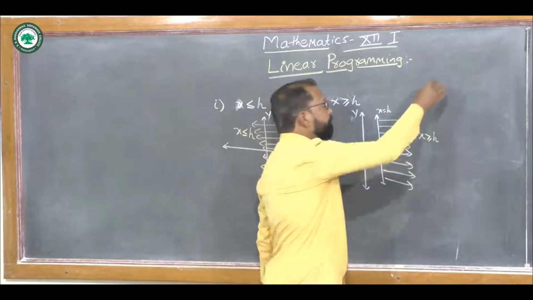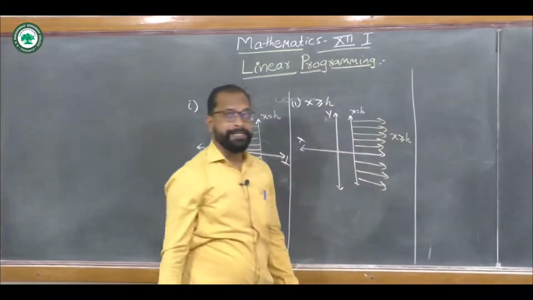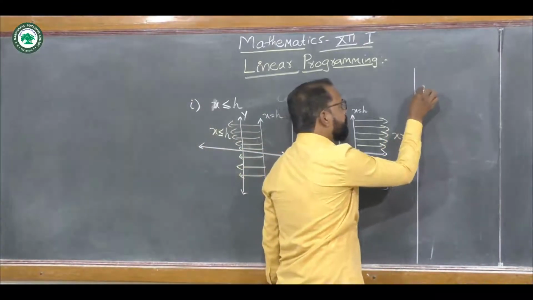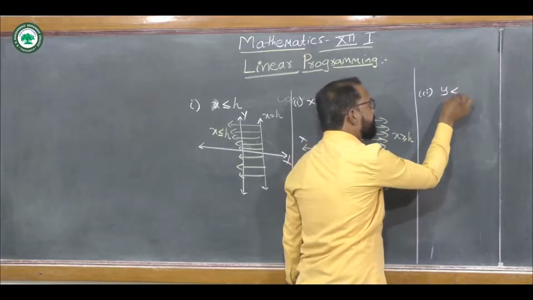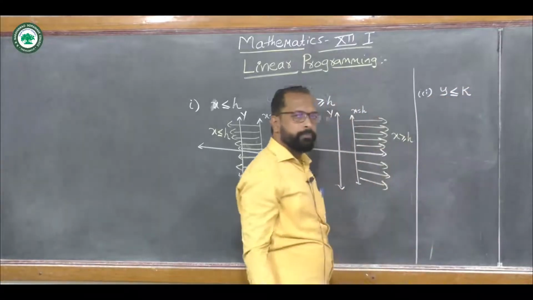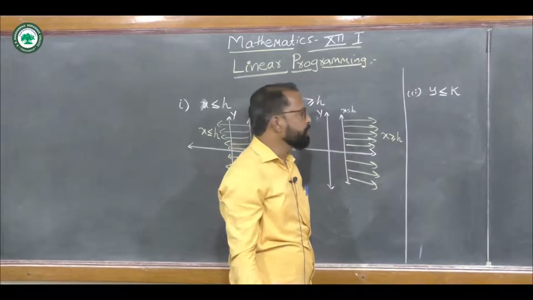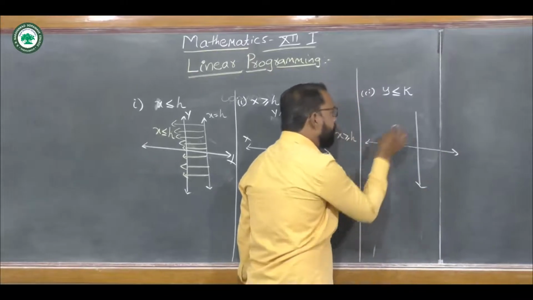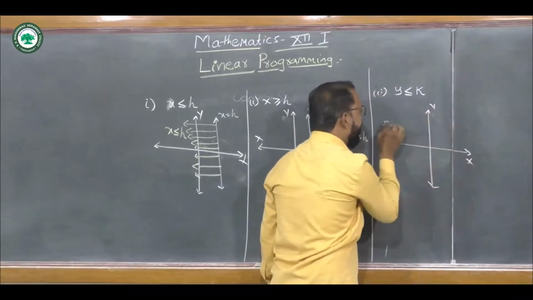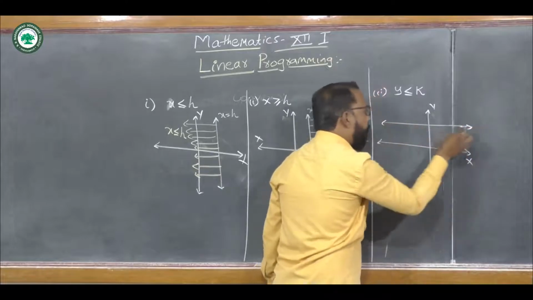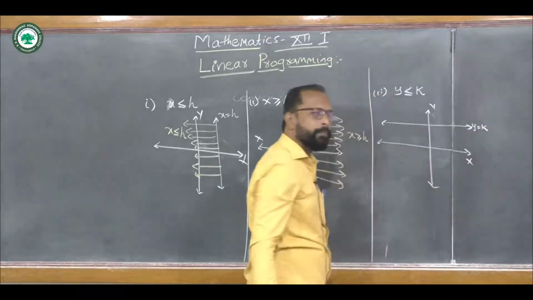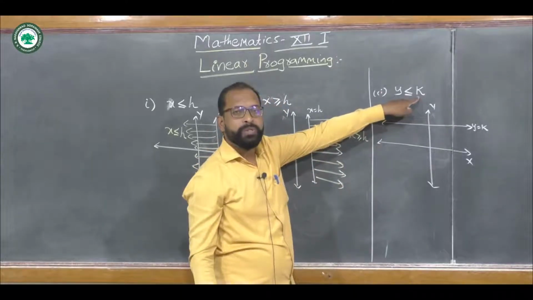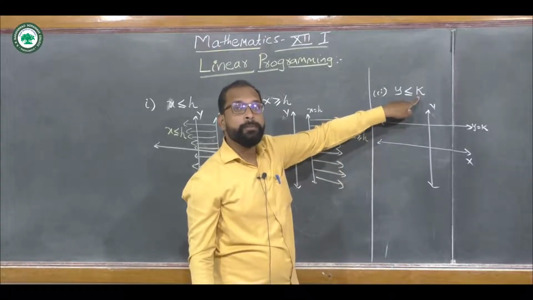Similarly, for lines parallel to the x-axis, that is the third condition, suppose we consider y is less than or equal to k. Again, if we draw the line y equals k, then the region for y is less than or equal to k is the region below that line.